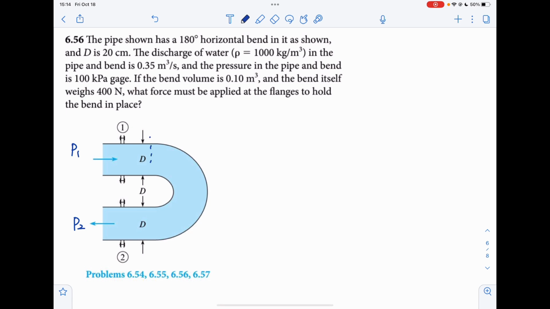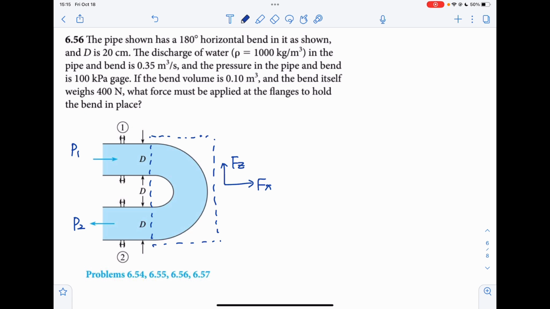So we have the control volume here as shown. We have the pressure acting on it, and we have the forces Fz and Fx. Because this one has weight, we need to consider the vertical direction, which is the Z direction.